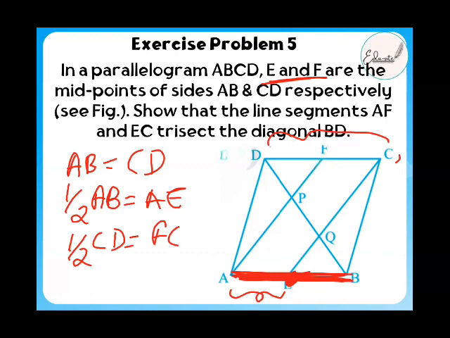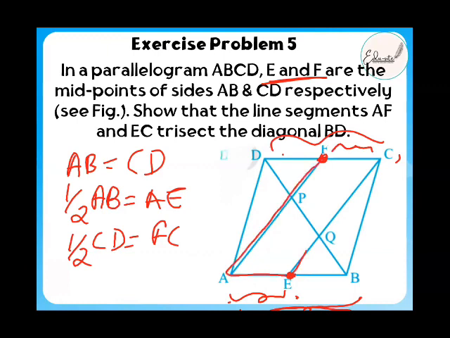हमें एक चीज पता है यहाँ से कि parallelogram में two opposite sides are equal, correct? And they have told you already that E is a midpoint and F is a midpoint. If E is a midpoint, then AE is equal to half of AB. Excellent. Half of AB is nothing but AE, and half of DC is nothing but FC. Why are AE and CF equal?